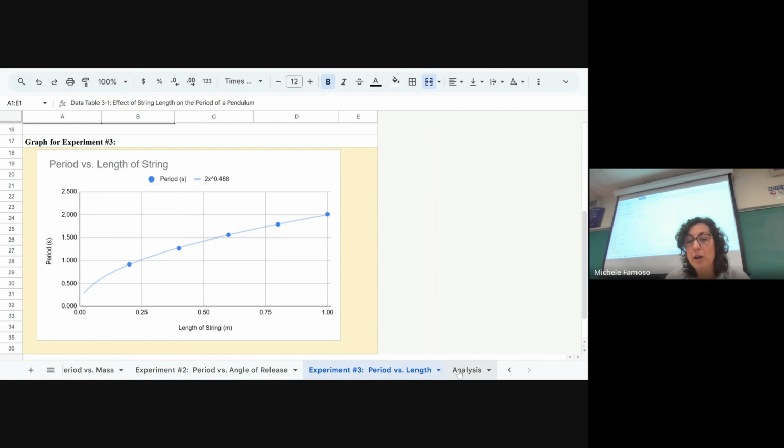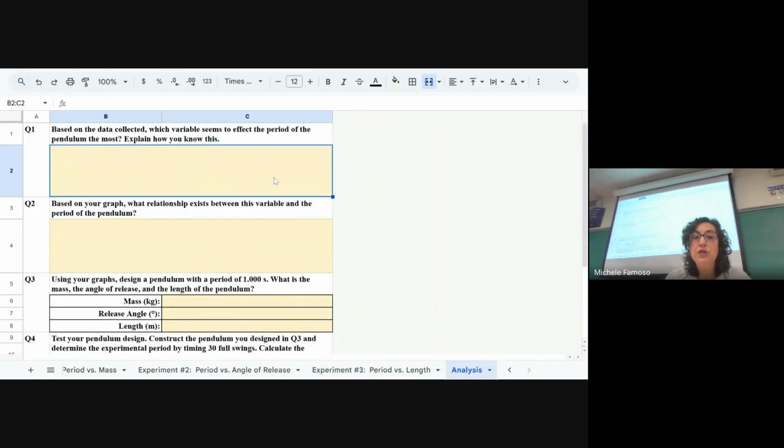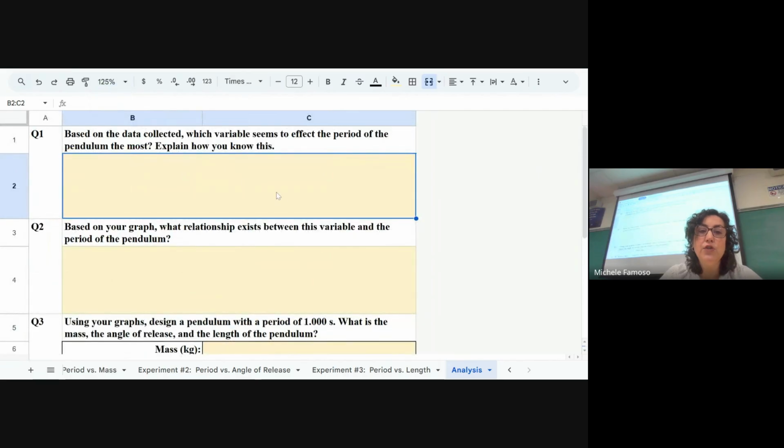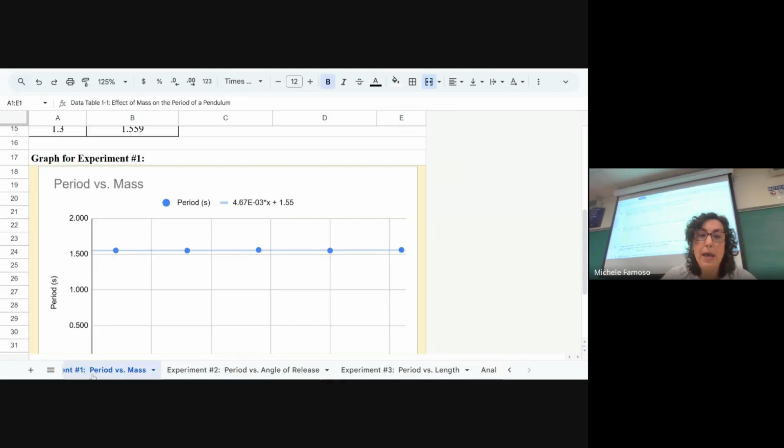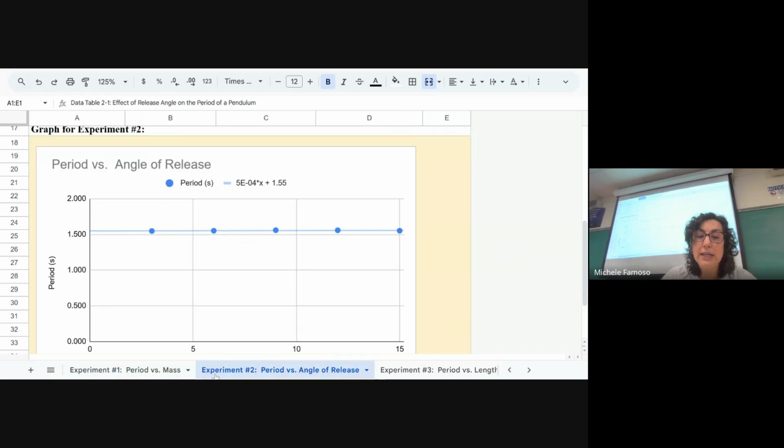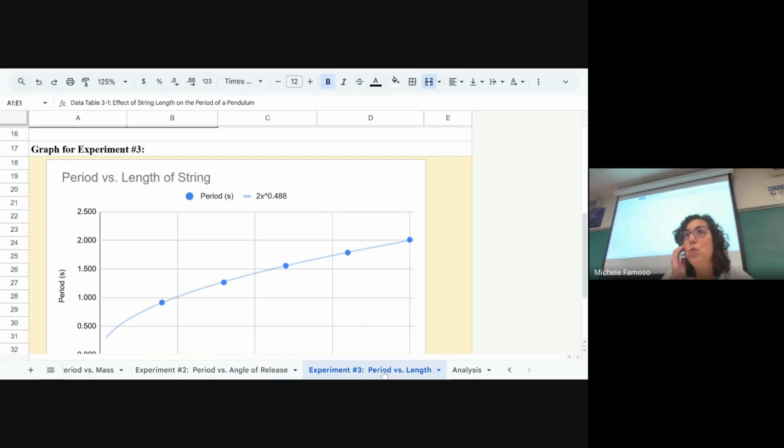Okay, let's now talk about the analysis. The first question asks, based on the data that was collected, which variables seem to affect the period of the pendulum the most? There were 3 variables. We tested the mass, we tested the angle of release, and we tested the length. Which one seemed to affect the period the most? Yes, and how do you know?